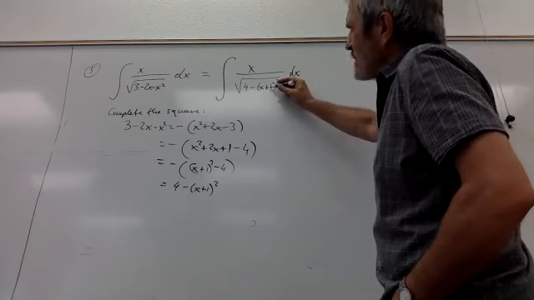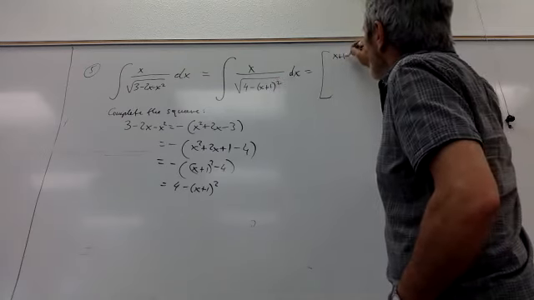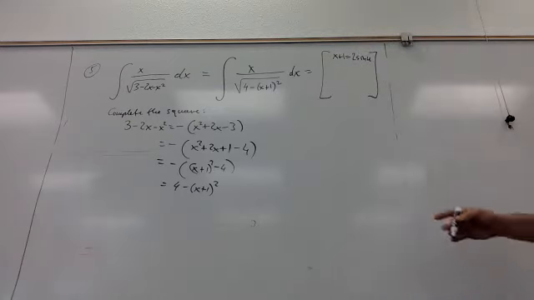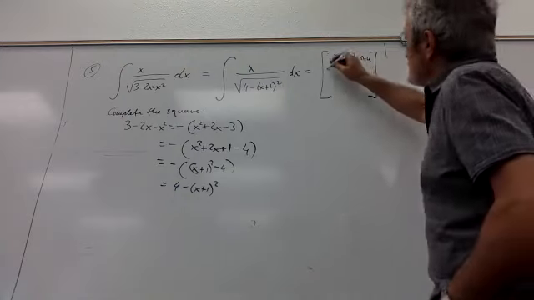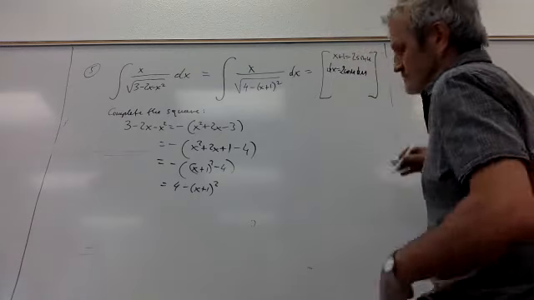I can do x plus 1 equals u, but I will directly say x plus 1 equals 2 sine u. Why 2? Because of that 4 here. So we said if you have a squared minus x squared, then x equals a sine t or sine u. And here's what happens. So we get dx is 2 cosine u du.